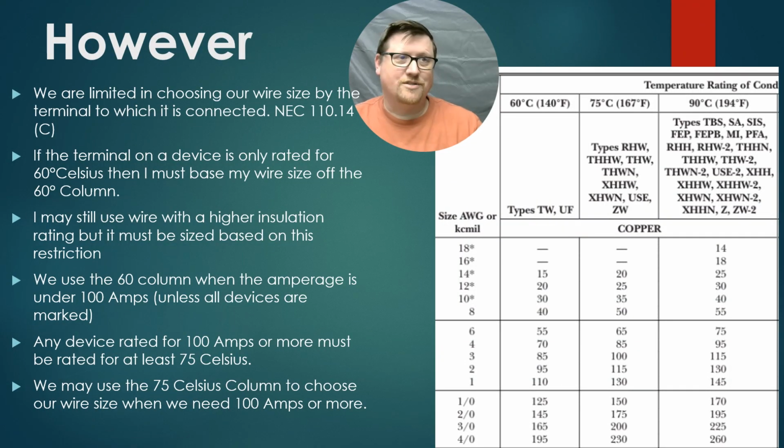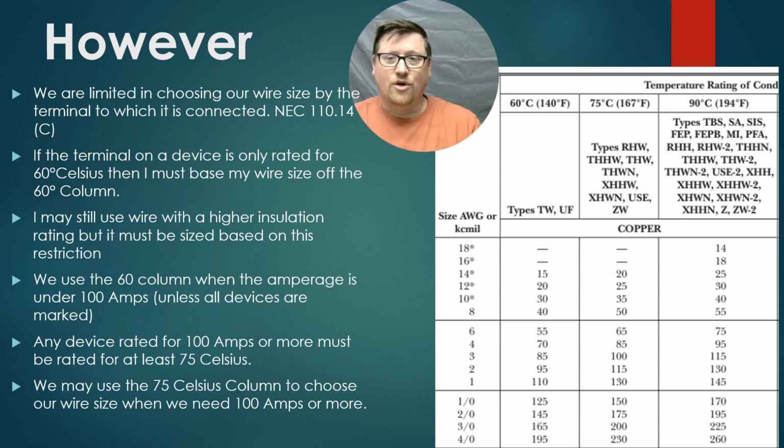However, this is one of those places in the code book where we start getting into: this is the rule, but that number 8 will hold 55 amps, but we're limited by several factors. One of them is the terminal to which that wire is connected.